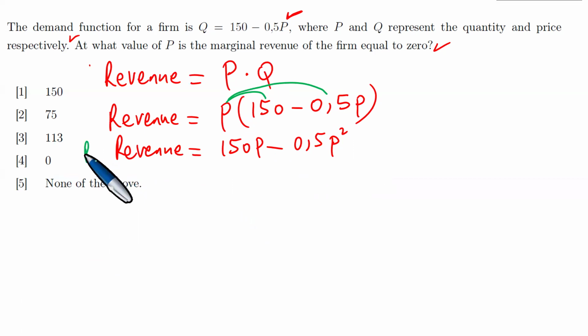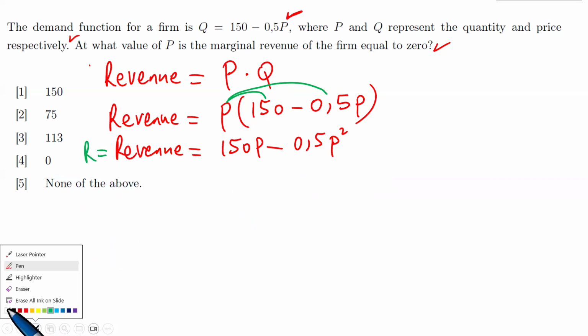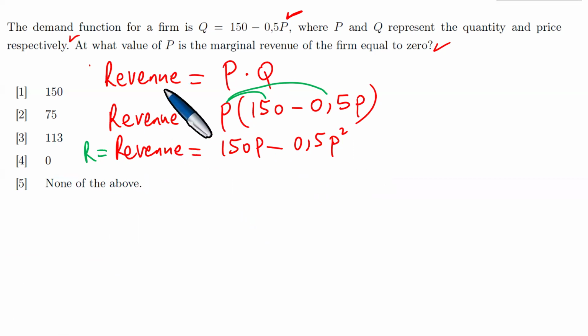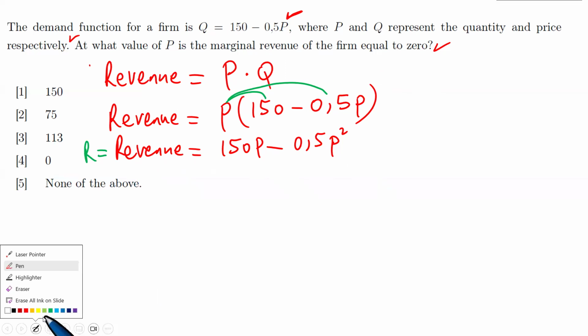Right, so if we call the revenue R, for example, they're saying, at what value of P is the marginal revenue of the firm equal to 0? So we need to find the marginal revenue. So this one is the revenue, and then what is the marginal revenue?